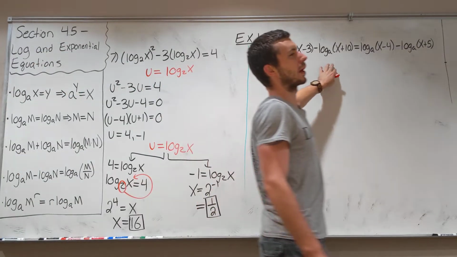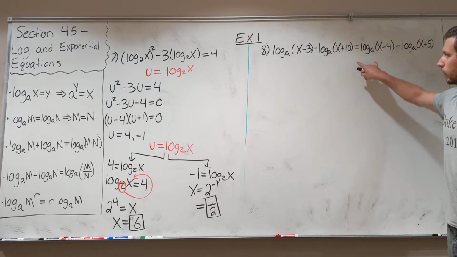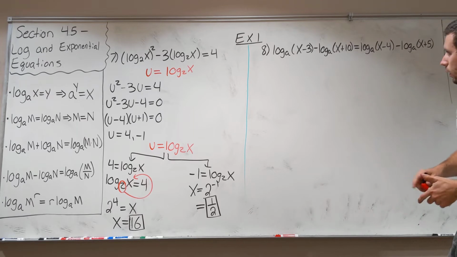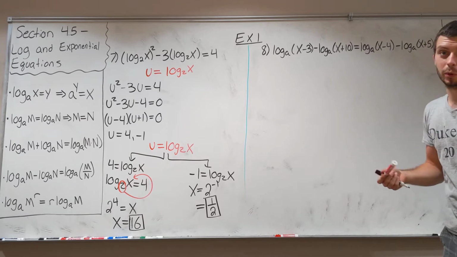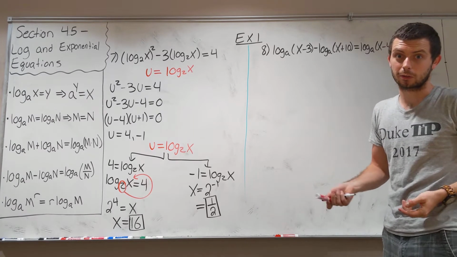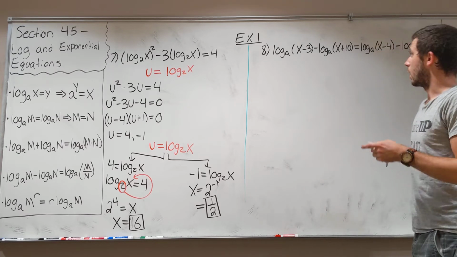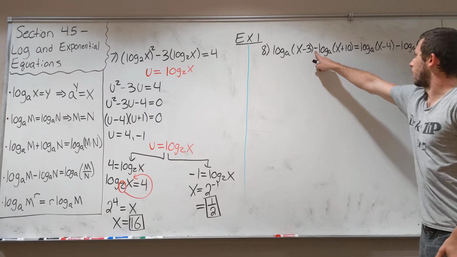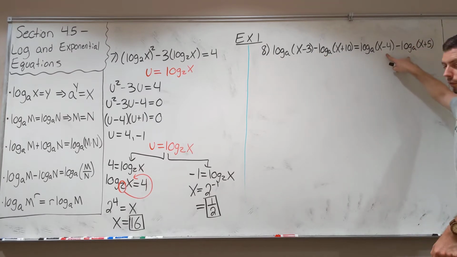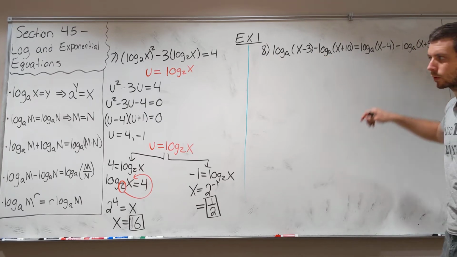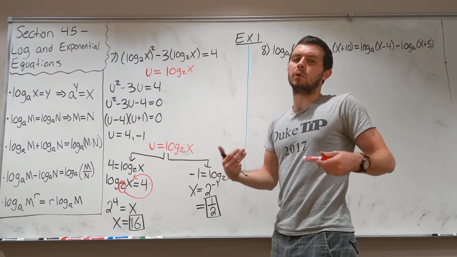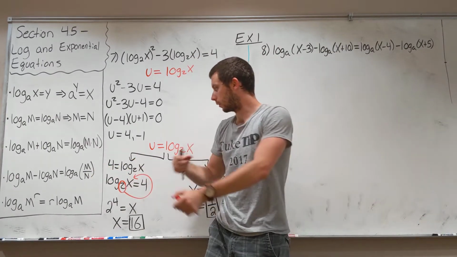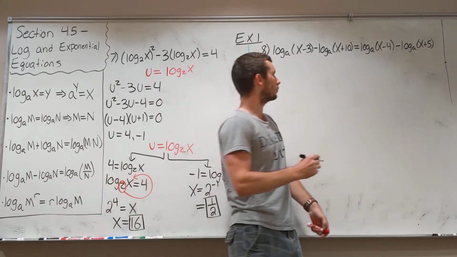We'll move on to problem 8, which really isn't that bad. It's just a lot of logarithms, but it really works out a lot more nicely than you think. Now, there are logarithms that are separated by a minus sign, and then these separated by a minus sign. Well, that immediately motivates, on both the left-hand side and the right-hand side, the quotient rule.